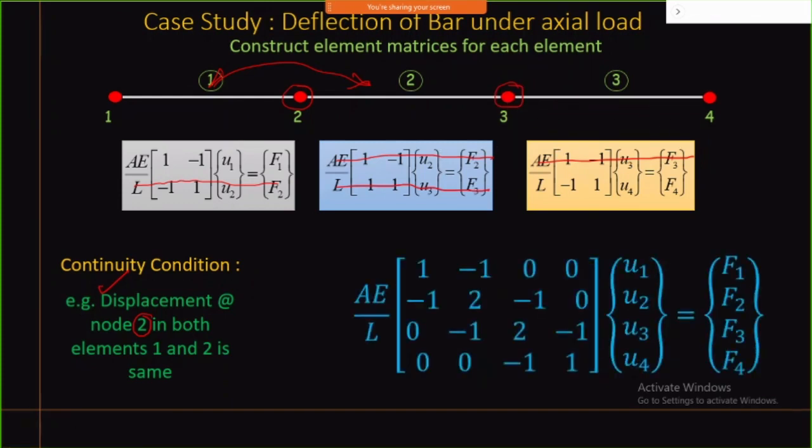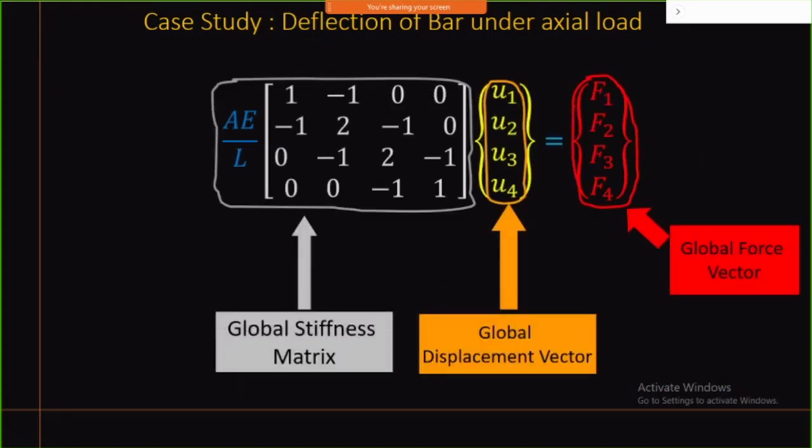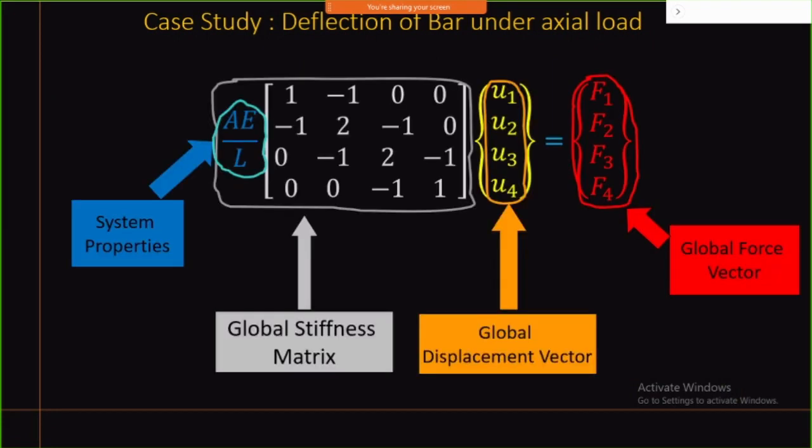So here it is a common node, it will be added in this fashion, and here you can see there are two interfaces. So this is what we have seen, and then this is the global stiffness matrix, global displacement vector, then the system properties and everything.